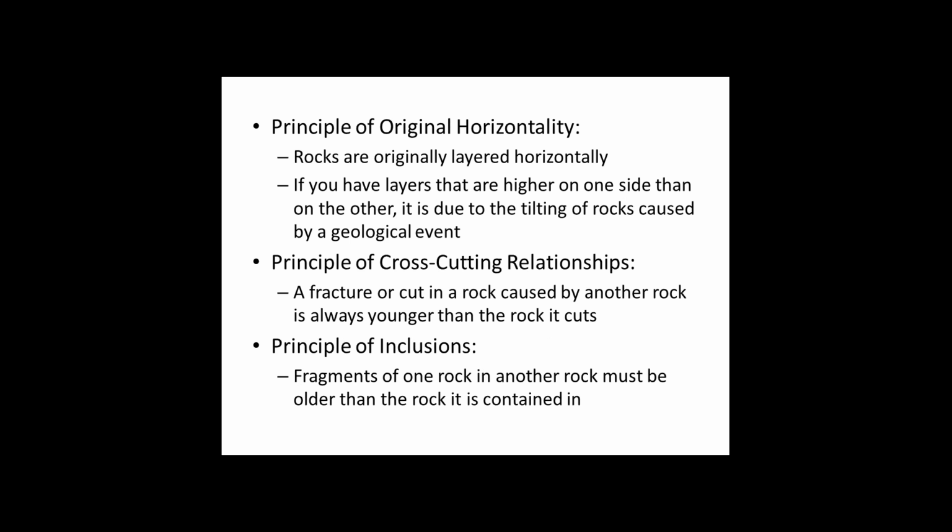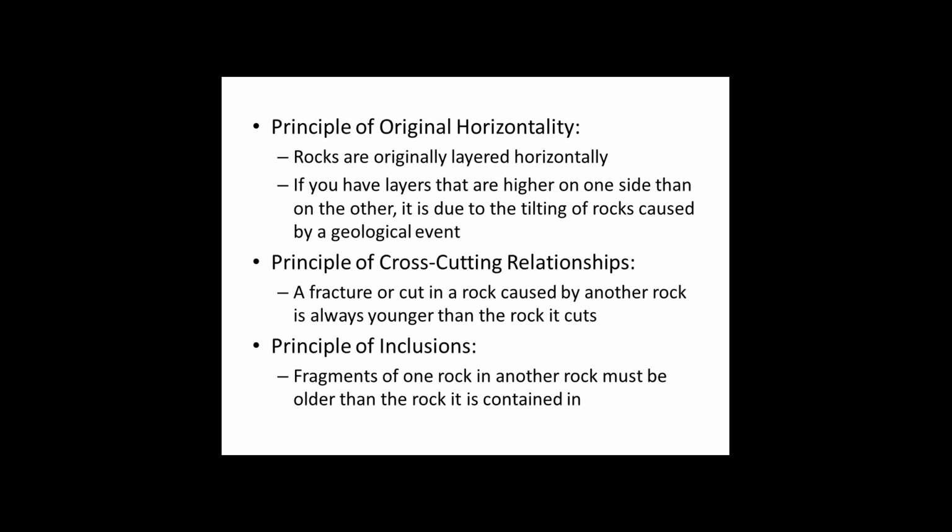Next one. The next principle is the principle of original horizontality. It's basically saying that rocks are originally layered horizontally, and if you have layers that are higher on one side than the other, it's due to the tilting of rocks caused by a geological event. So if the layer is a little bit slanted and not perfectly horizontal, originally it was layered horizontally.